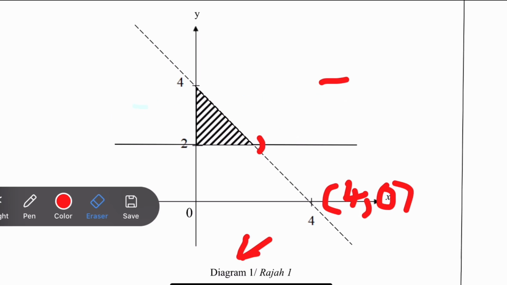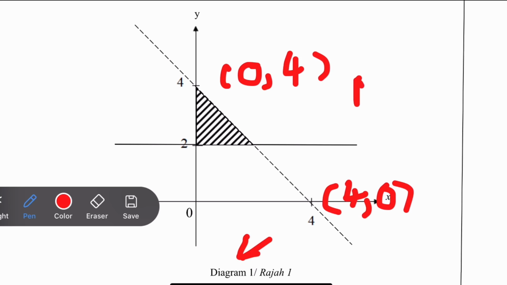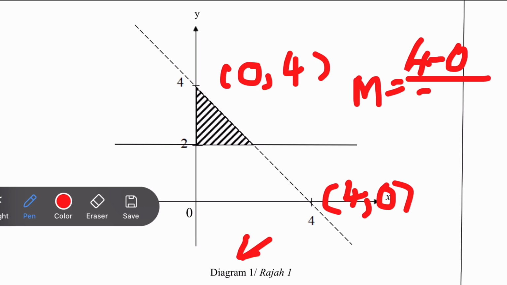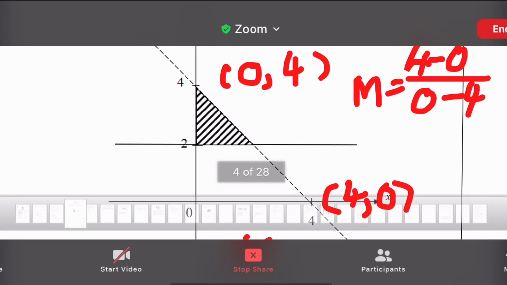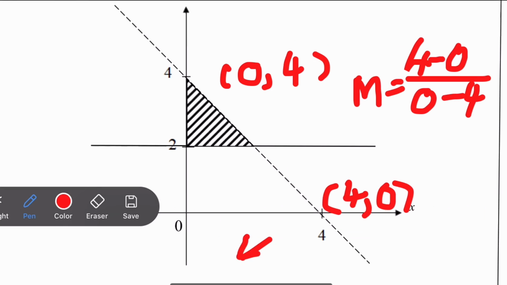To find the gradient of the straight line, we need two points first, because the formula is m equals (4 minus 0) over (0 minus 4). So the gradient is 4 over negative 4, which is negative 1.